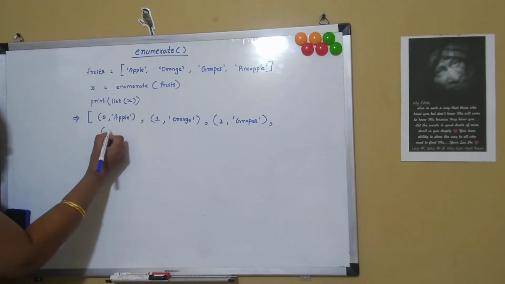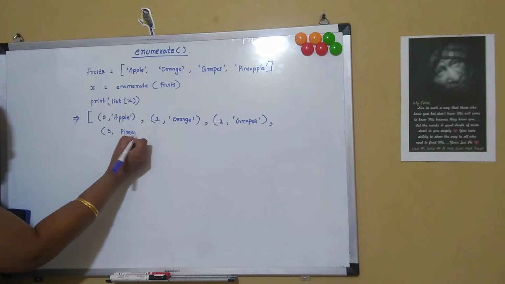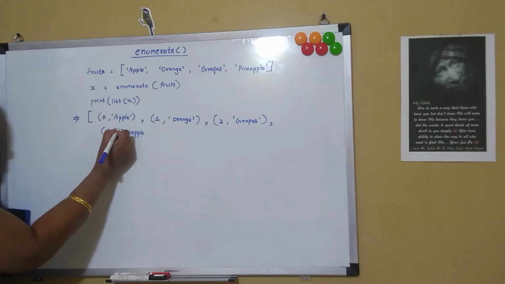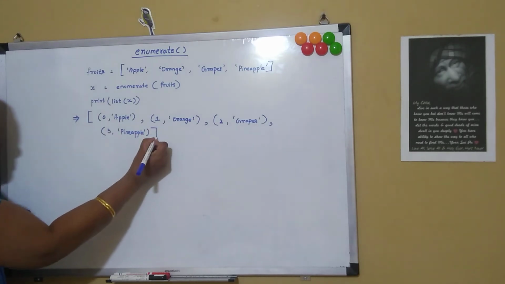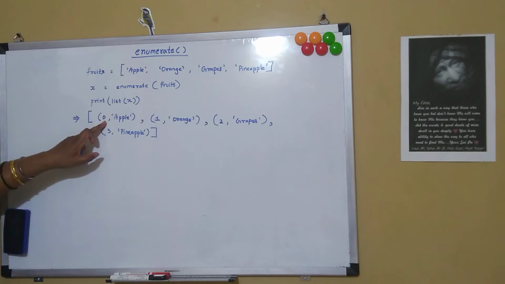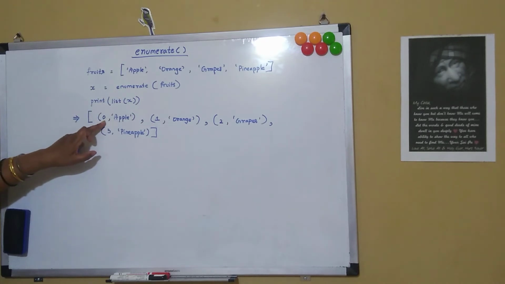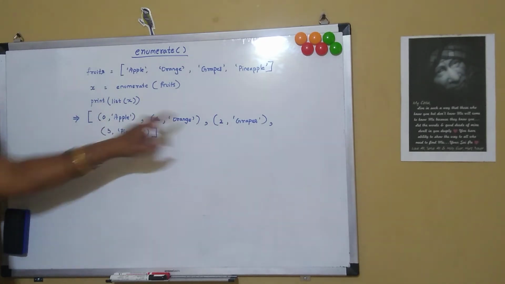And for the third value, it will have pineapple. And it will be enclosed in a list. It's a list of tuples where each item has been associated with a count value. Since we have not provided any start value, it will count from 0, 1, 2, 3.